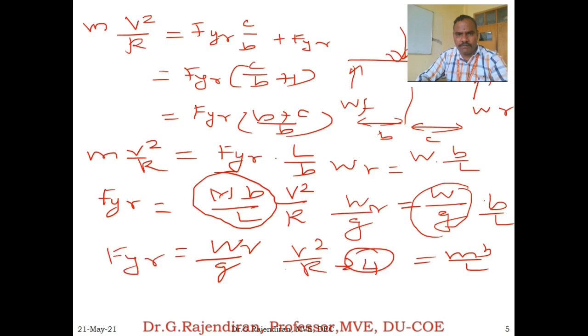It says that the portion of the weight carried by the rear wheel multiplied by the lateral acceleration at this point. So this equation is equal to WR by g into ay, in terms of acceleration.